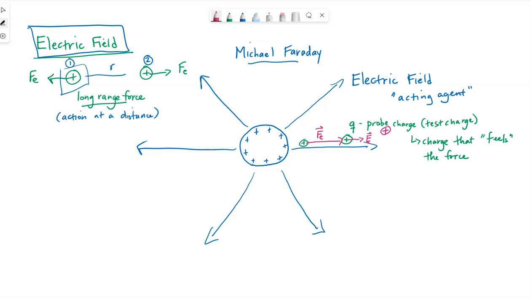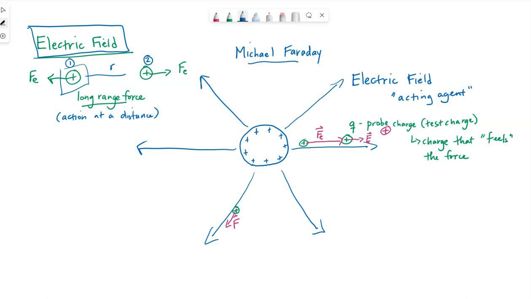So I can take a little probe charge or test charge and I could put it anywhere in this field, and I want the field to represent what type of force this probe charge or test charge would experience.